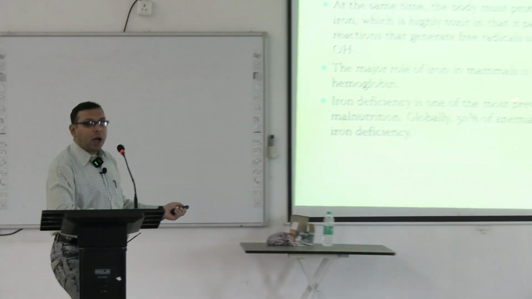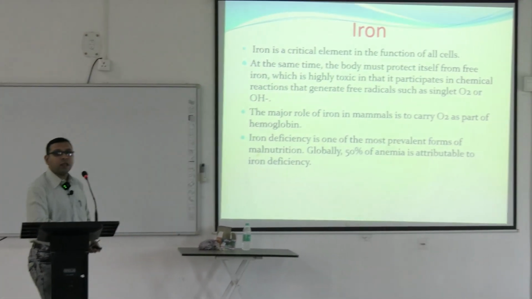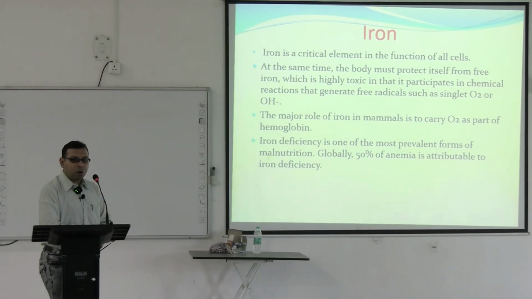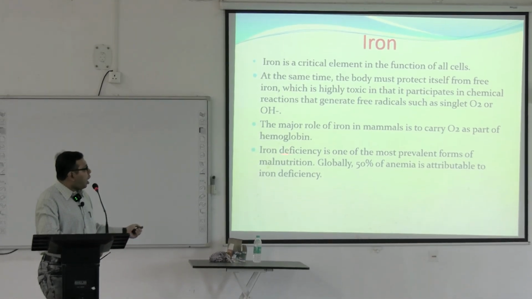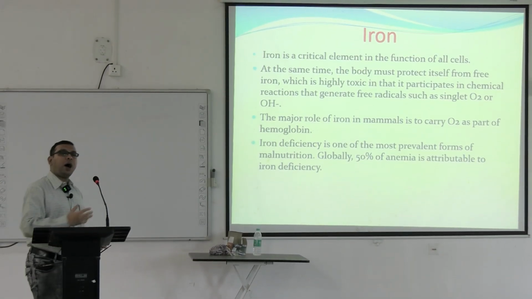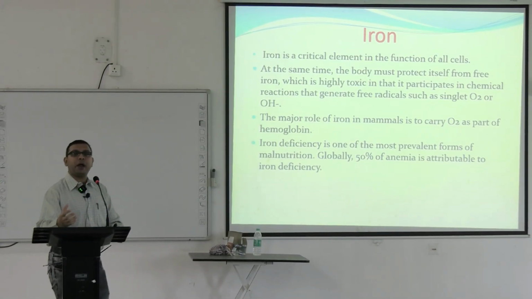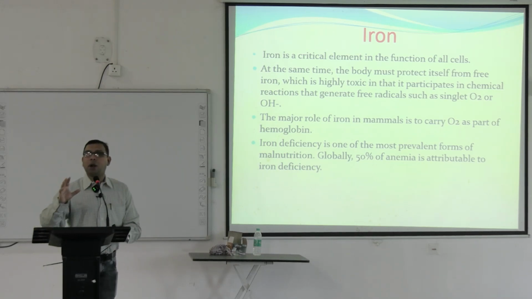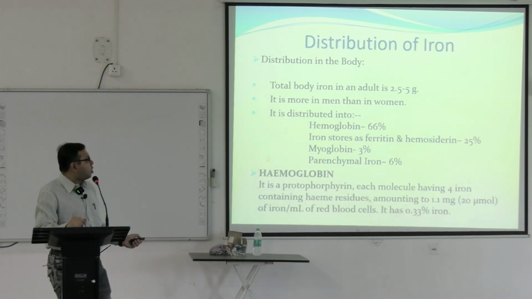The major role of iron in mammals is to carry oxygen as part of hemoglobin. You know the structure of hemoglobin, iron is the main part. Iron deficiency is the most prevalent form of malnutrition. In practice you will see that malnutrition means both undernutrition as well as overnutrition, and iron deficiency is one of the most common forms of malnutrition.